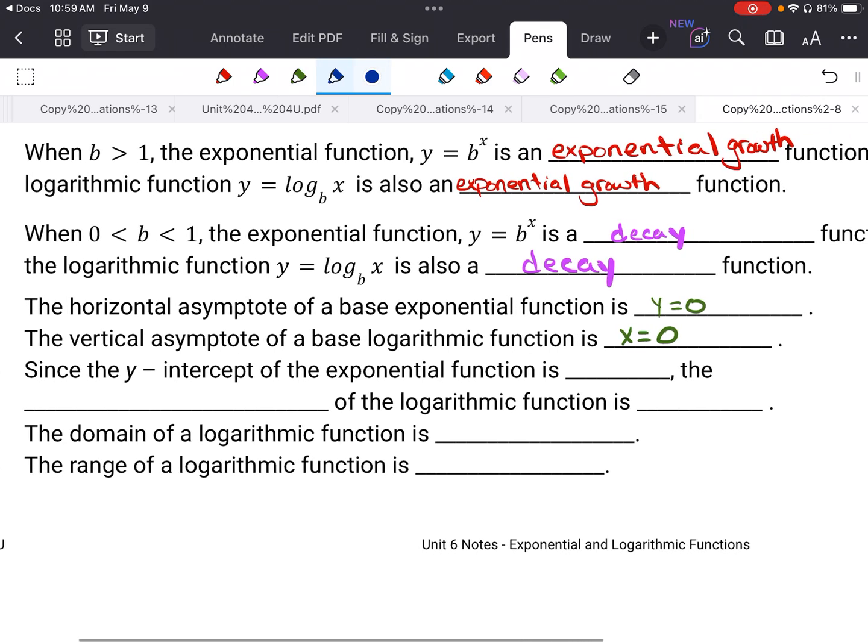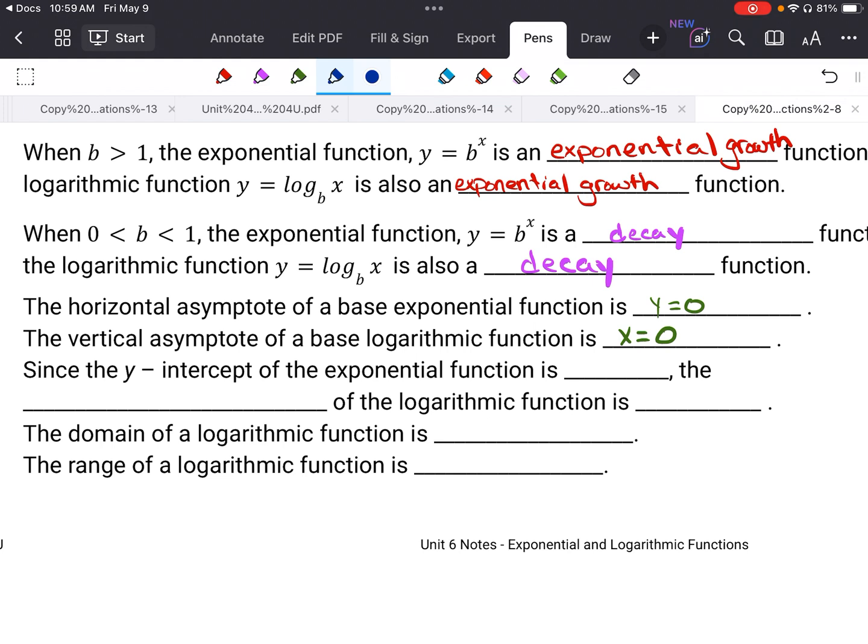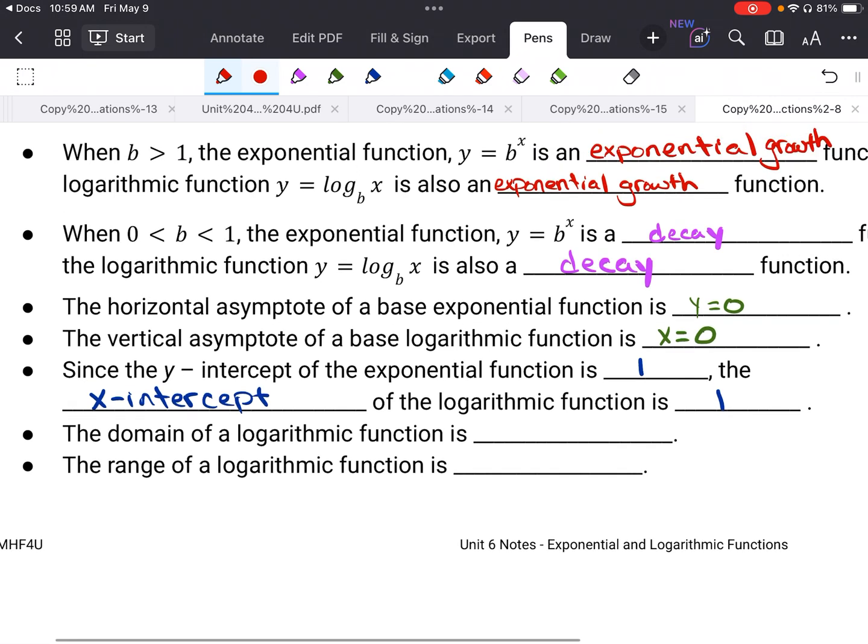Since the y-intercept of an exponential function is 1, anything to the power 0 is 1, the x-intercept of a log function is 1. The domain of a log function is x must be greater than 0. The range of a log function is y ∈ ℝ. Okay, those are the basics of log functions.